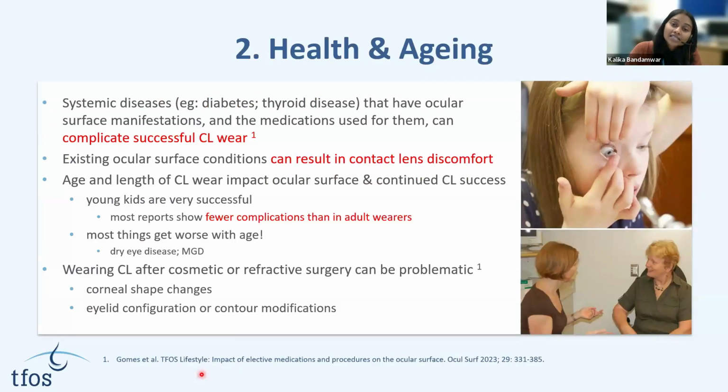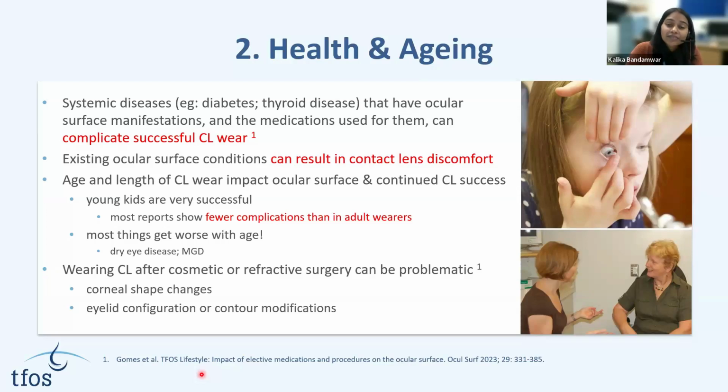Systemic diseases, as we would expect, affect the success of contact lens wear, such as diabetes and thyroid disease. Existing ocular surface conditions can also result in contact lens discomfort. Age and health of contact lens wearers impact the ocular surface and continued contact lens success.